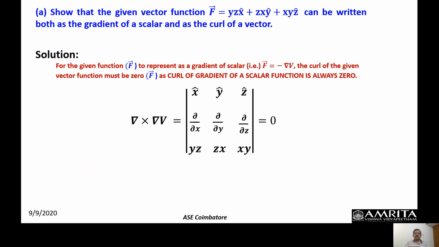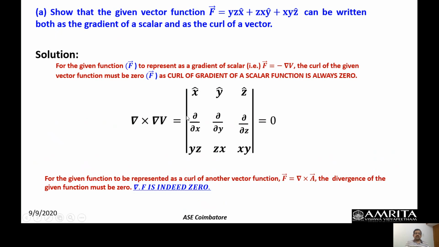So to do that, I can do this. So del cross del v must be 0. Now, for it to represent the curl of another vector function, I must again prove that the divergence of the given vector function must be 0, which is indeed the case.